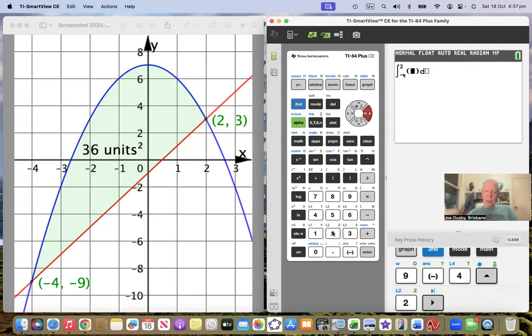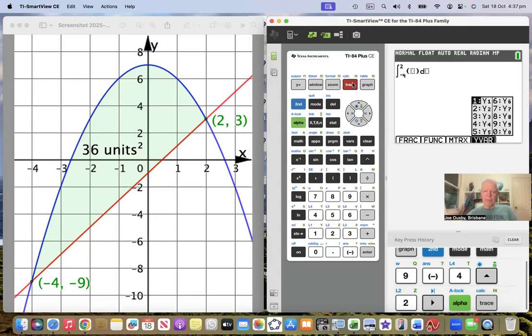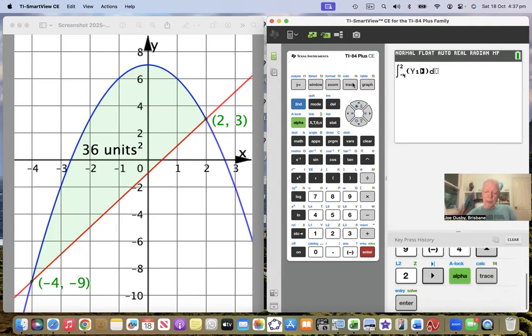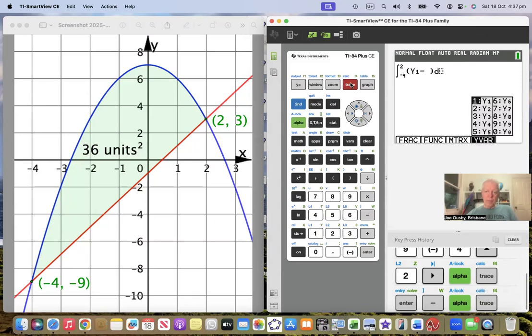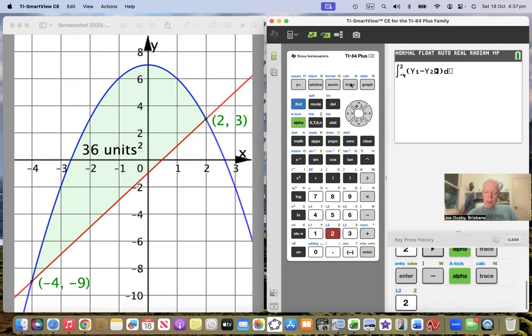It's the first function y1 subtract y2, dx. If we do that, the area comes out as 36, as GeoGebra said it would.